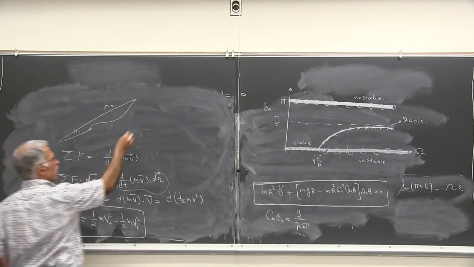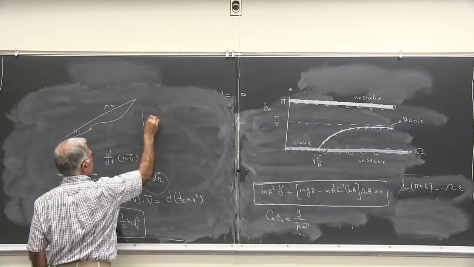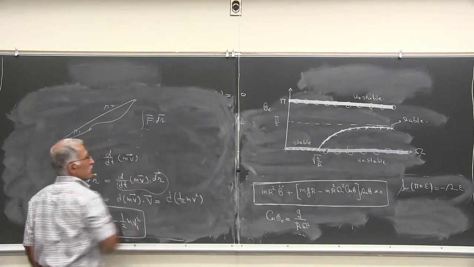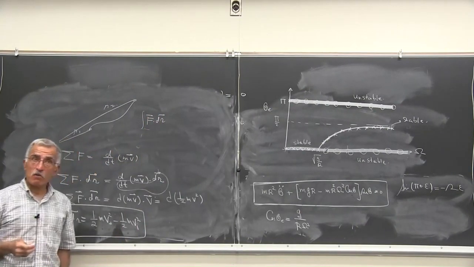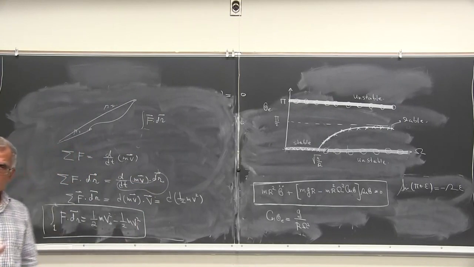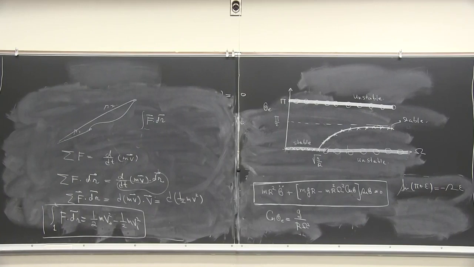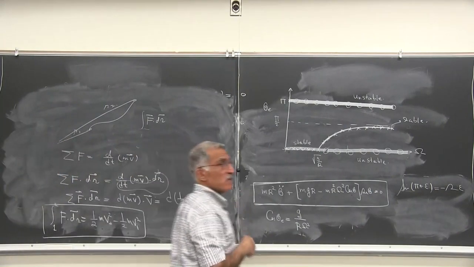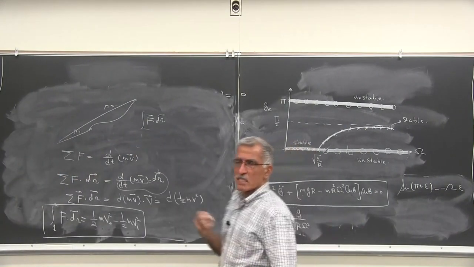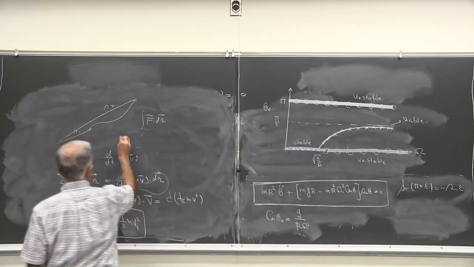In other words, the integration of F dr does not depend on the path of the motion. Certain forces are like that. Those forces that depend just on the end condition, not on the path of the motion, are called conservative forces.